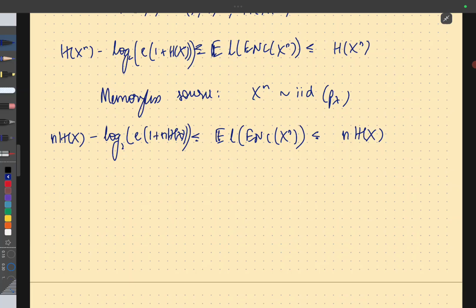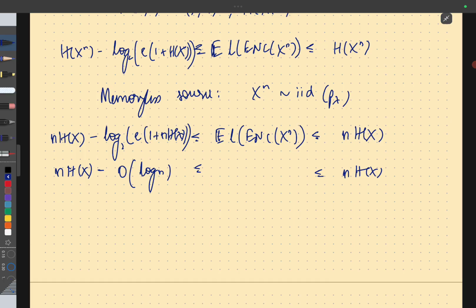So this basically means that the expected length is less than or equal to n times H of X, and it's greater than or equal to n times H of X minus log of some constant. This is of the order of log n. Right.